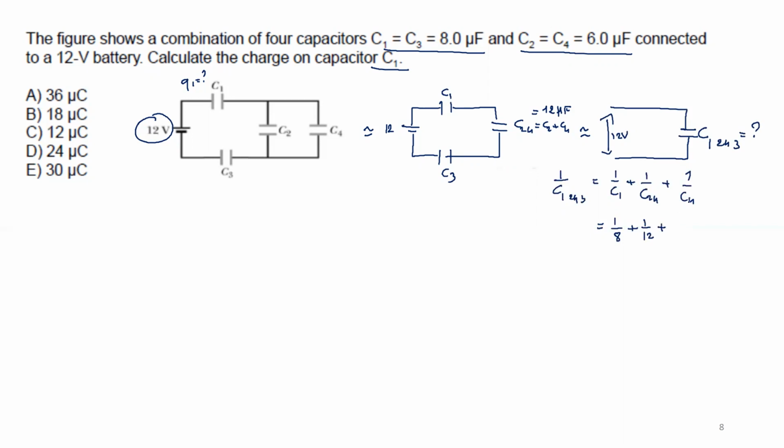Now, 1 over C3, which gives you 1 over 8.